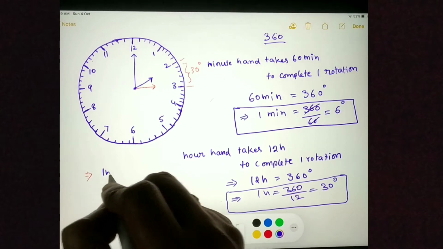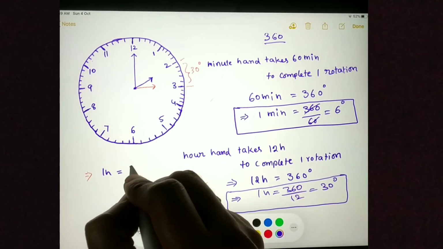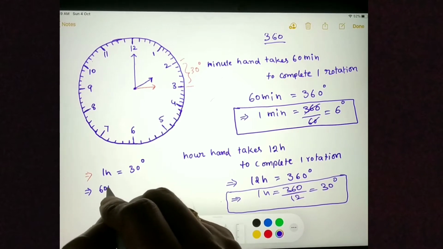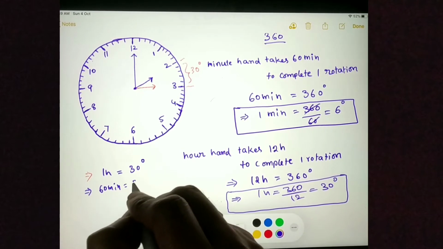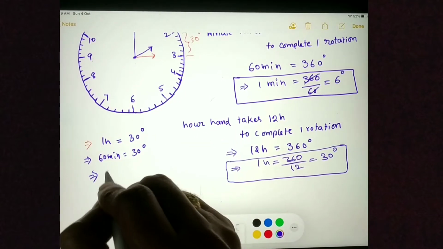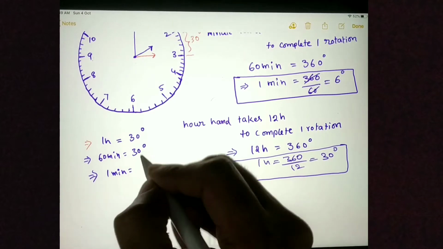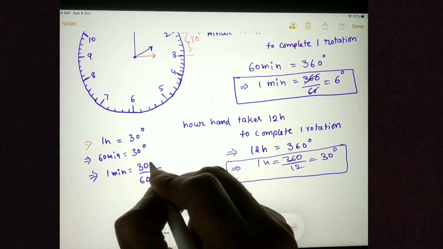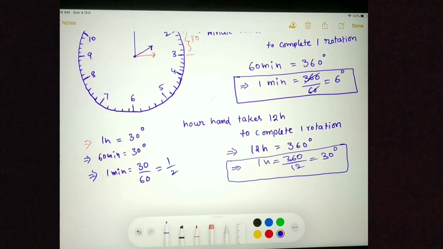In 1 hour our hand travels 30 degrees. 1 hour means 60 minutes, right? In 1 minute how much does our hand travel? 30 by 60. This is nothing but 1 by 2.